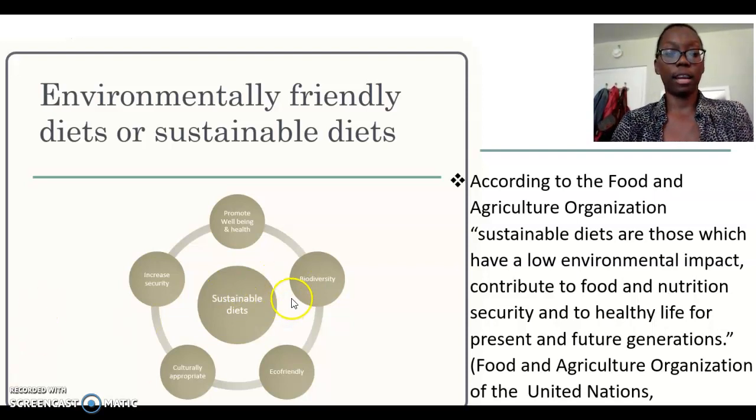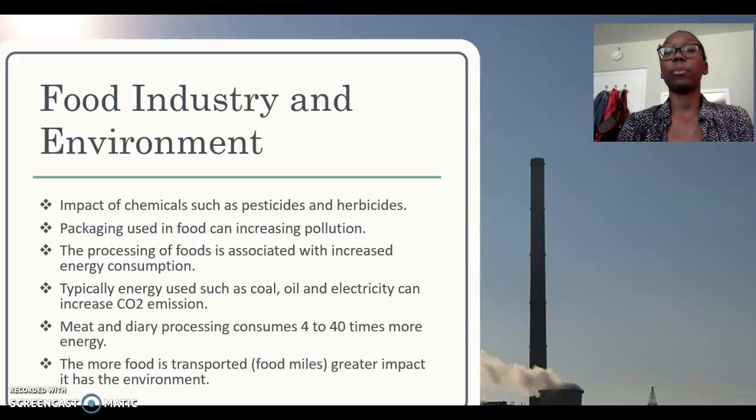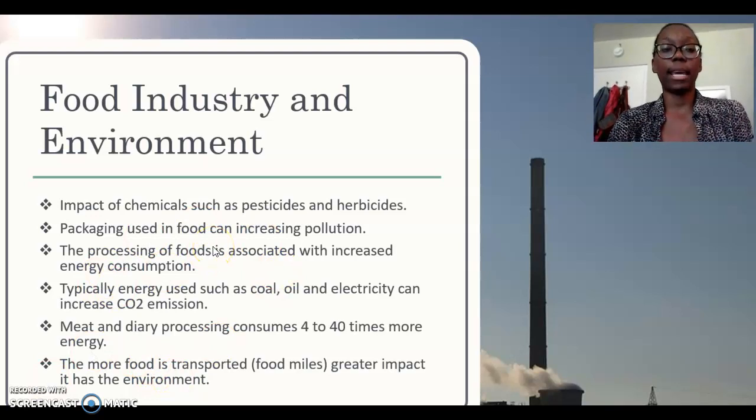As you can see in this diagram, it has to promote health and well-being, increase security, be eco-friendly, and culturally appropriate. This introduces another concept: what may be environmentally friendly in the United States may not be sustainable in Australia.